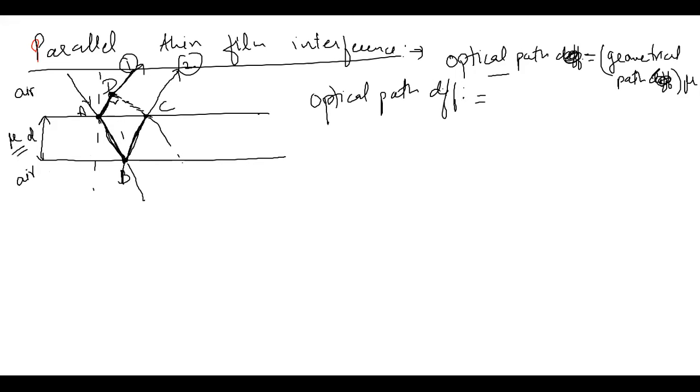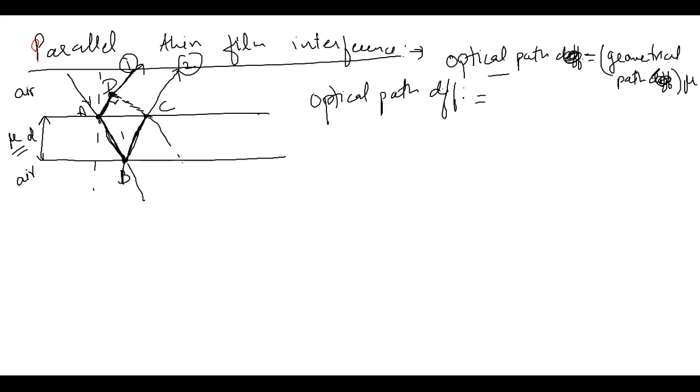Ideally, even the difference is okay, but truly your optical path is equal to mu times geometrical path. This will propagate into the path difference also. But your optical path will be equal to mu times the geometrical path.